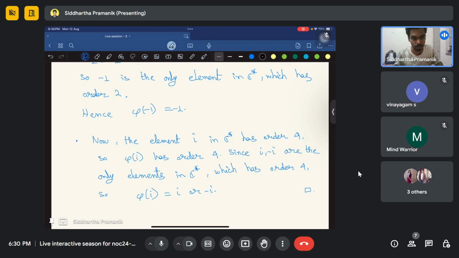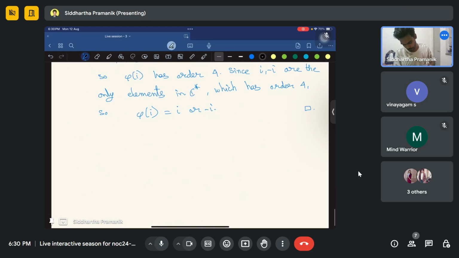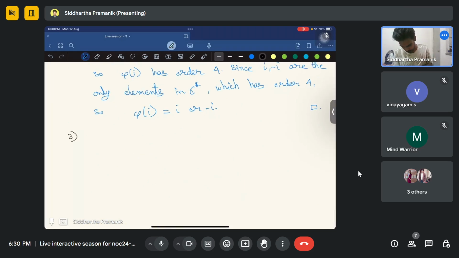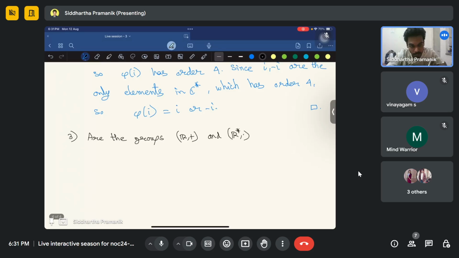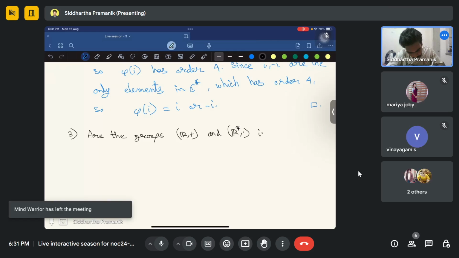Okay, let me move on to the next problem. So the problem is, are the groups R under addition and R star under multiplication isomorphic? Are the groups isomorphic?